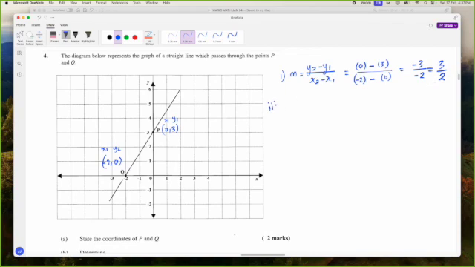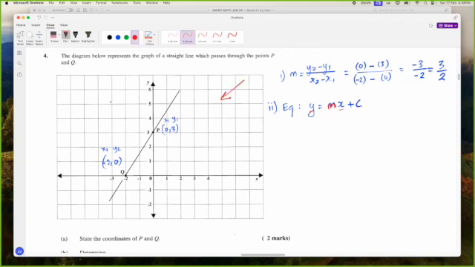Part 2, the equation of the line, y is equal to mx plus c. I have m. Now I have 2 points there, so I could use one of the points to substitute x and y, and then I could find c. But I don't need to do that because I have a graph.